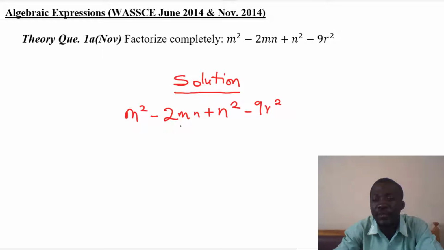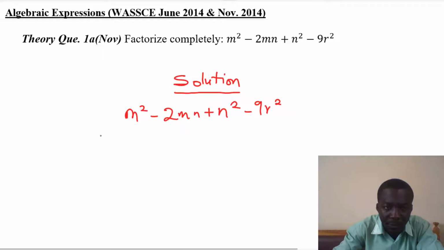So m squared minus 2mn, we can get a common factor, which is m, but between n squared minus 9r squared, there is no common factor. So if you pick m squared and n squared, we also don't have a common factor. Likewise, -2mn, then -r squared. So you can see that pairing them in 2's and grouping them will be a little bit challenging. We cannot use that one.